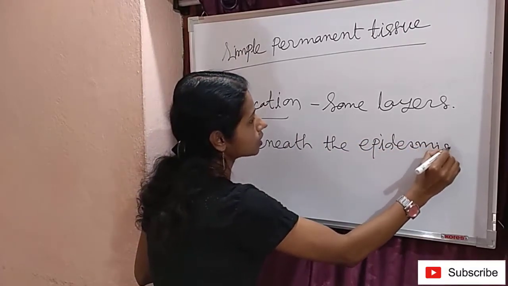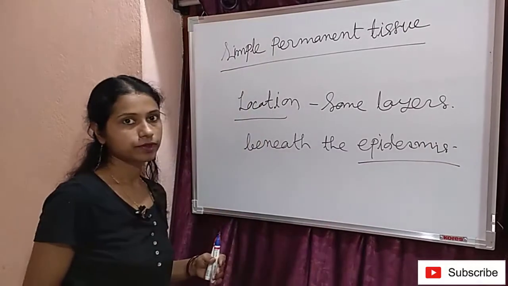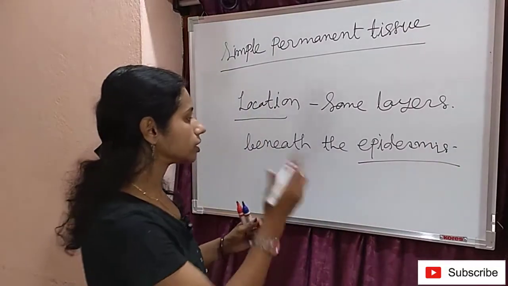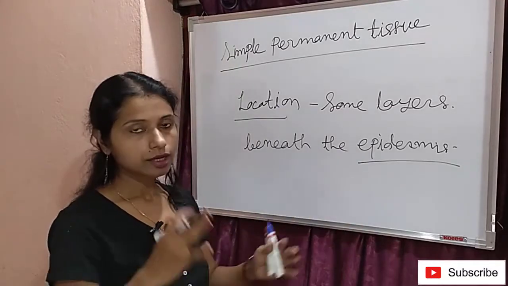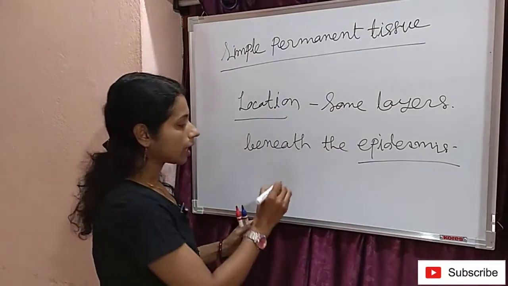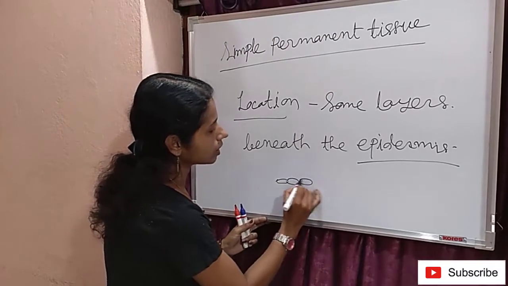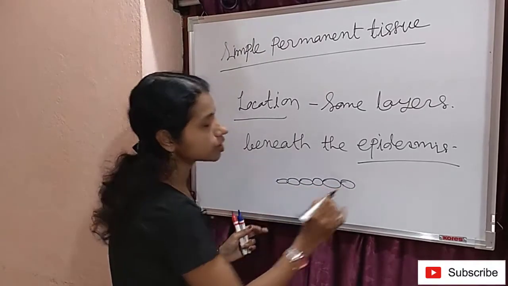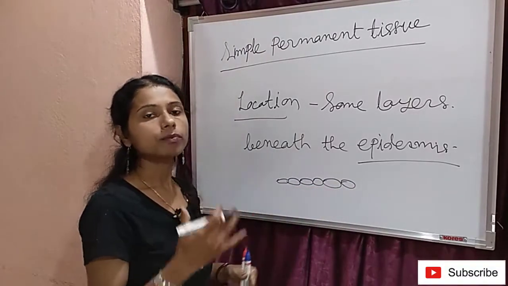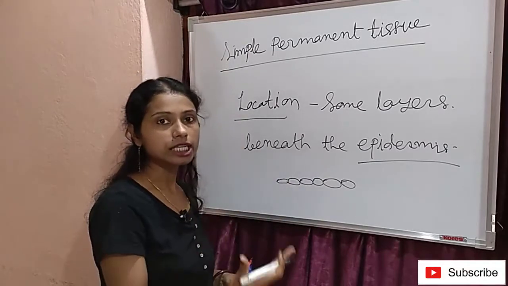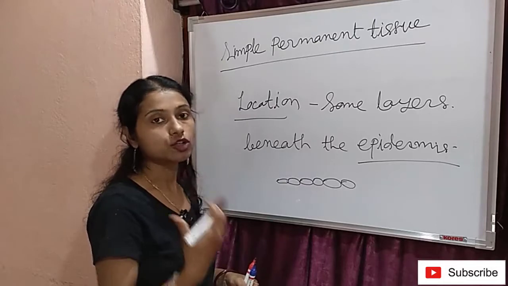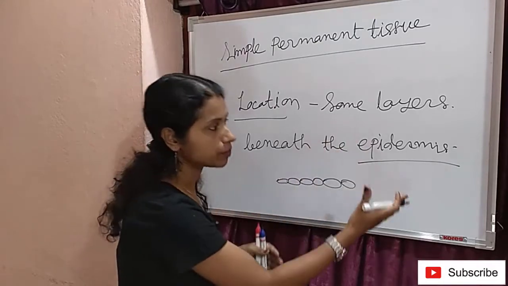Now what is epidermis? Later on I will give you details about epidermis. For your understanding now, epidermis is only a one-layer cell. It is the outermost layer of the plants. It's present all over the body parts, in leaves, in stems, in roots, in fruits, everywhere.